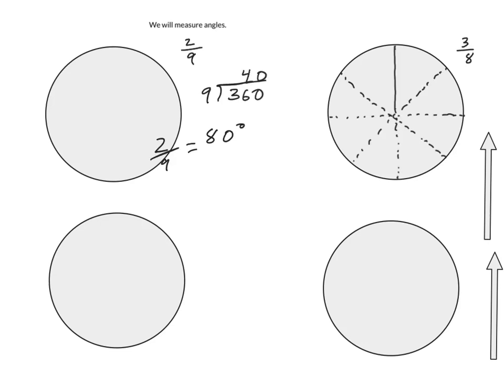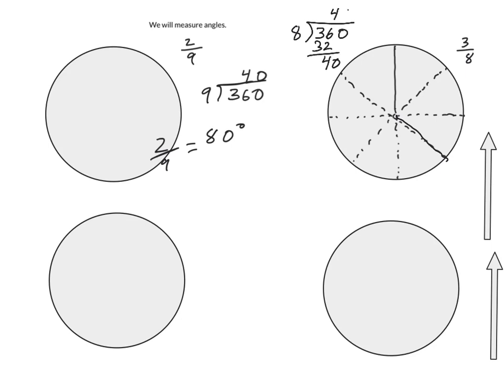Now let's look at this next one. If we have the whole circle and we divide it into 8s, what would 3/8 be? So 360 divided by 8. 8 goes into 36 4 times. We have 32. 6 minus 2 is 4.